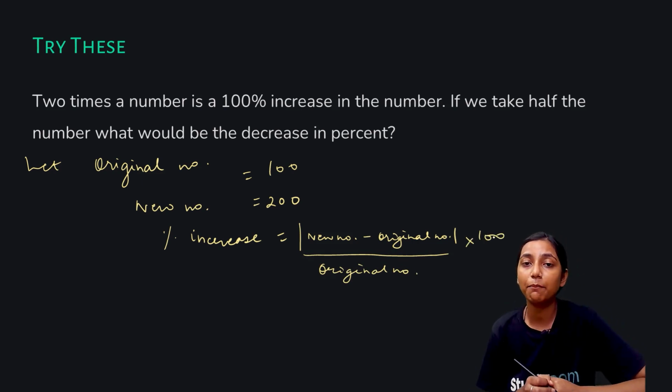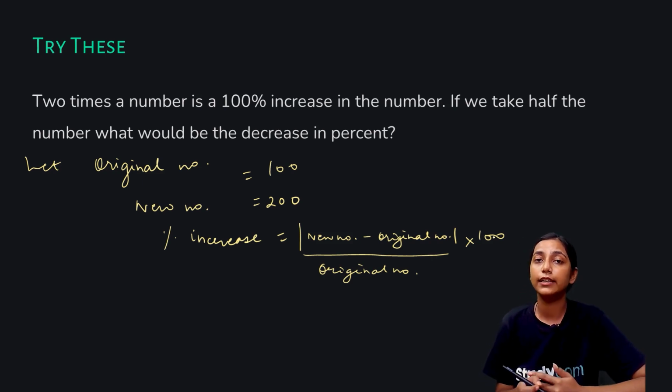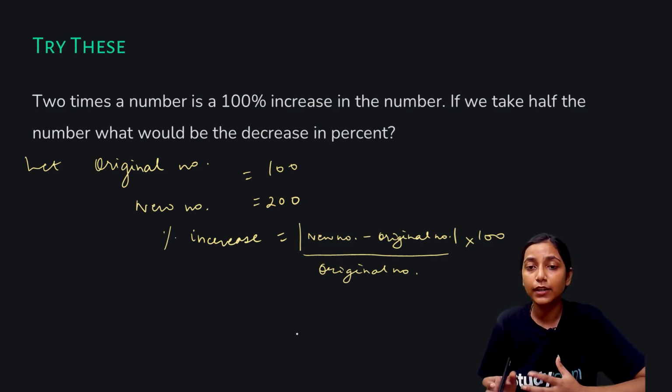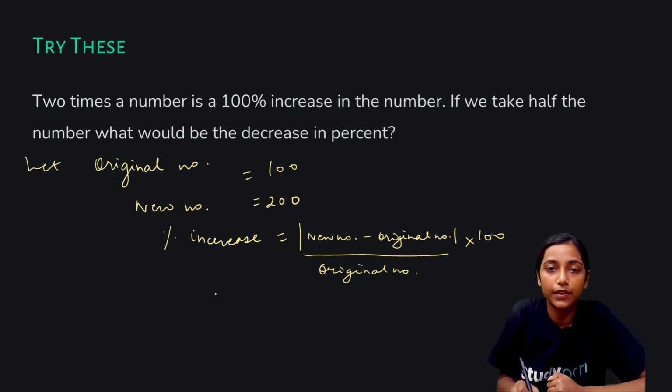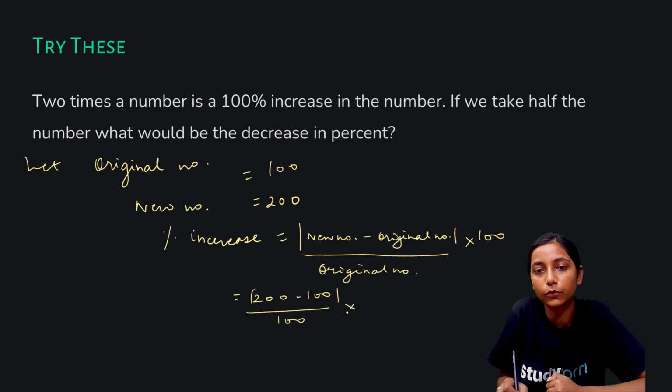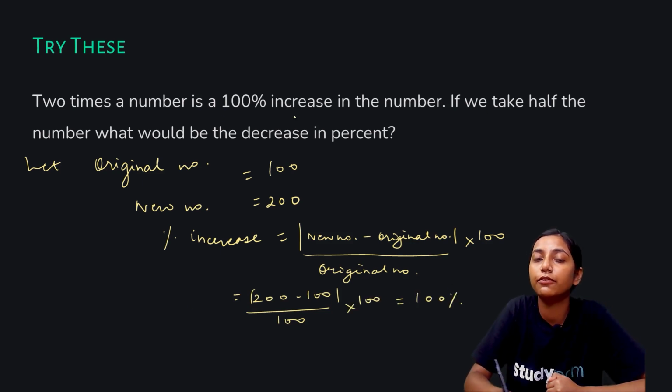This is the formula that we apply for the increase in percent or decrease in percent: the difference divided by the original number, the number with respect to which we are talking, into 100. So this time, it is 200 minus 100 upon 100 into 100. Therefore, it is a 100% increase, and that is what was given in the first part.